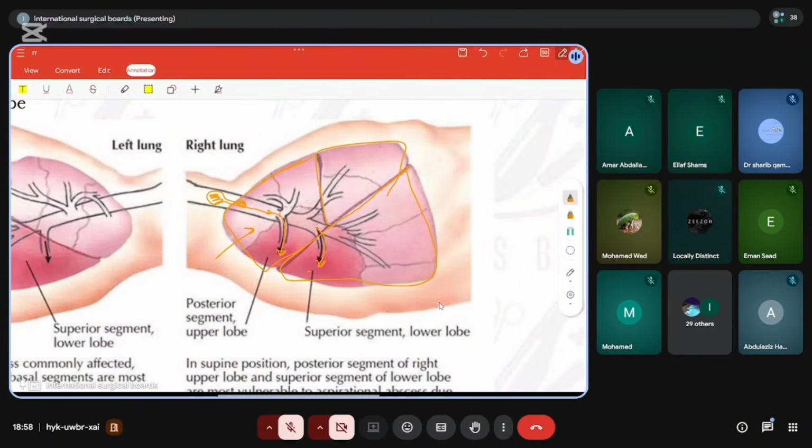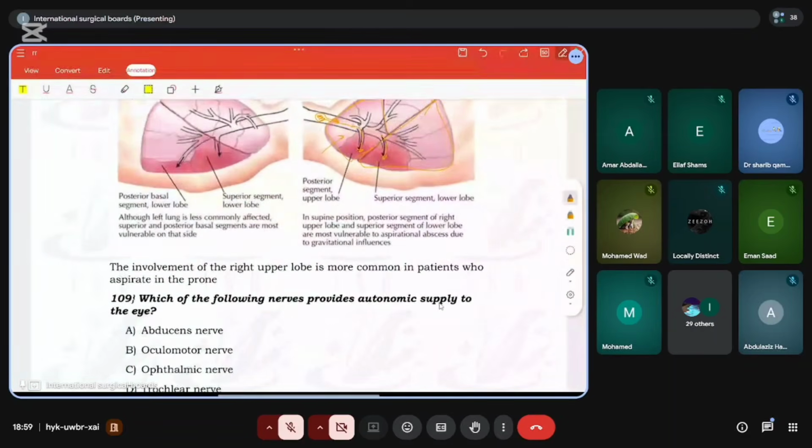Okay, what if the person is not supine? What if they are prone? Like prone, like this. That is on the chest. They're laying on the chest and they happen to have some aspiration in this position. What will happen? Okay, can be a question. That's the answer.